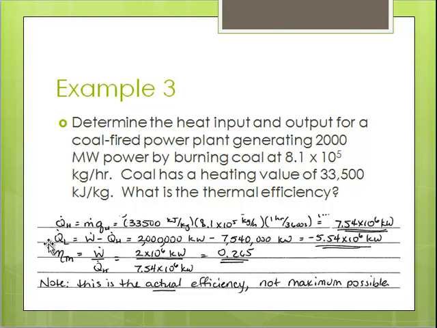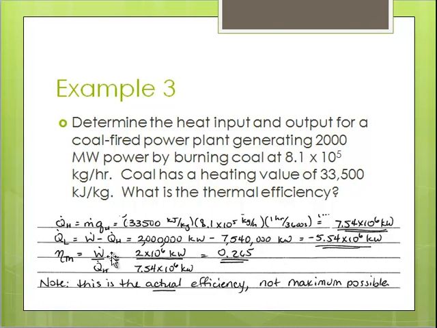And so Q sub L is going to be the net work minus the heat transfer in, because net heat transfer equals net work. Keeping in mind signs, I do end up getting something negative. And so 5.54 times 10 to the 6 kilowatts will be lost by this power plant.